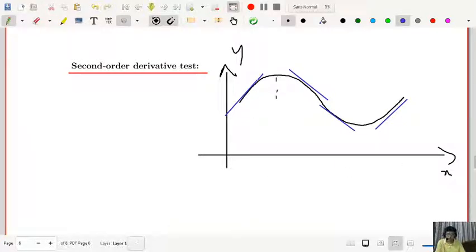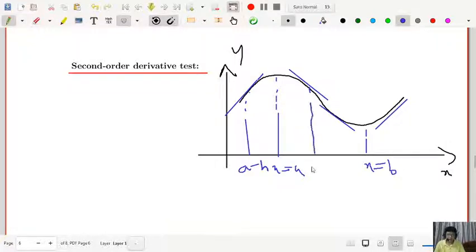So this is x equal to a, suppose, and this is x equal to b. Clearly at a it has a maximum and at b it has a minimum. This point is a minus h, and this point is a plus h. We have taken a small neighborhood, and this point is b minus h, and this point is b plus h.